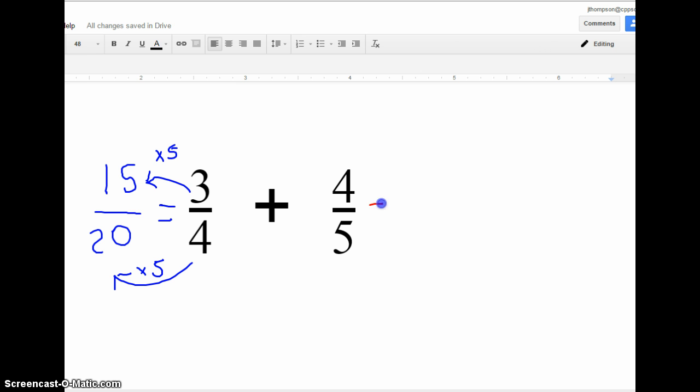To get an equivalent fraction for 4/5, I know my denominator will be 20, so I'm taking 5 times 4 gives me 20, and 4 also times 4 gives me 16. These are equivalent fractions. 4/5 is the same as 16/20. 3/4 is the same as 15/20.